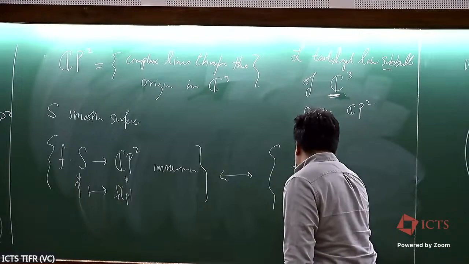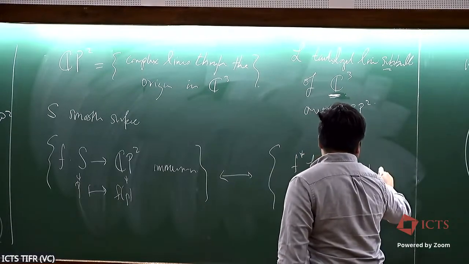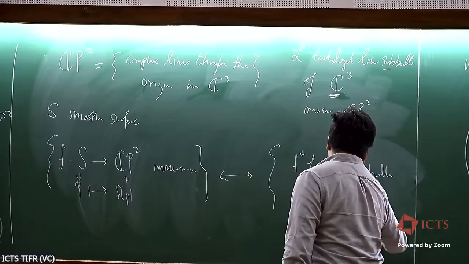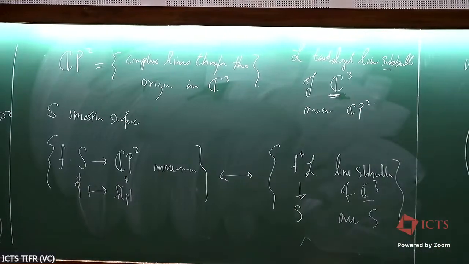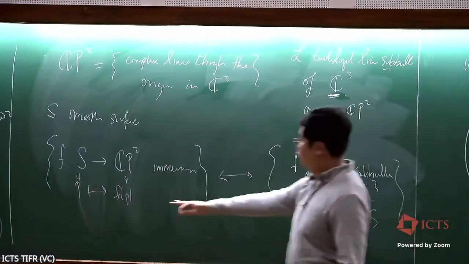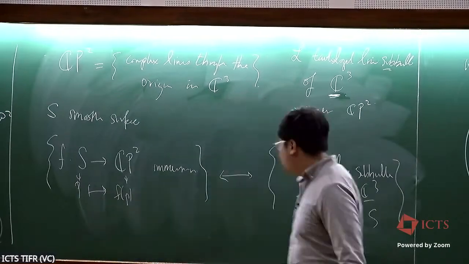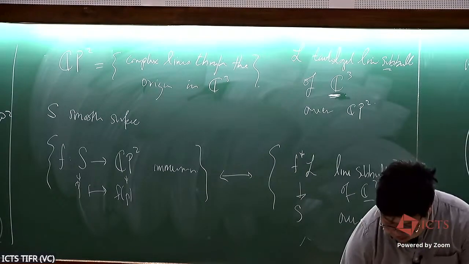Now I have a line subbundle of the trivial C3 bundle over S. So the first step in this yoga is that I can go freely from maps between a surface to CP2 and line subbundles of the trivial C3 bundle. So that's the first step.